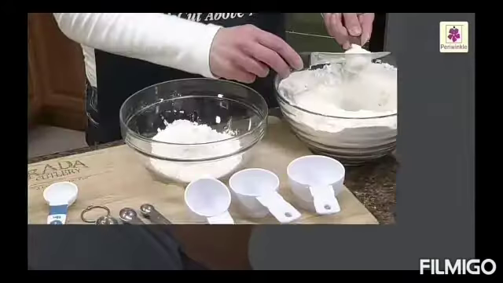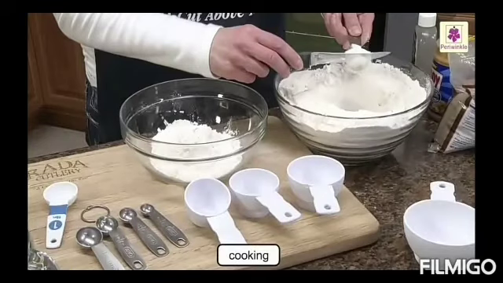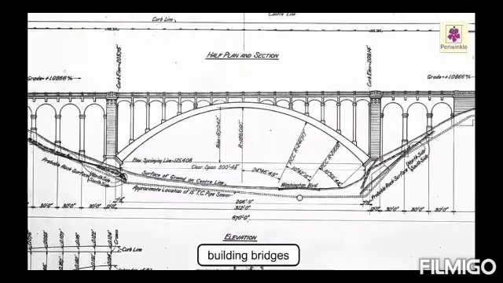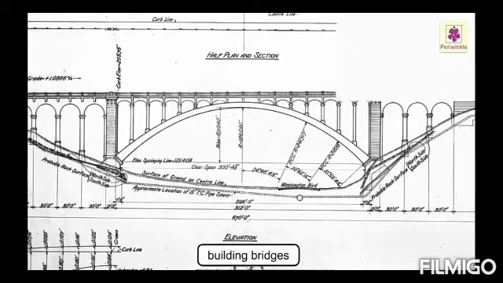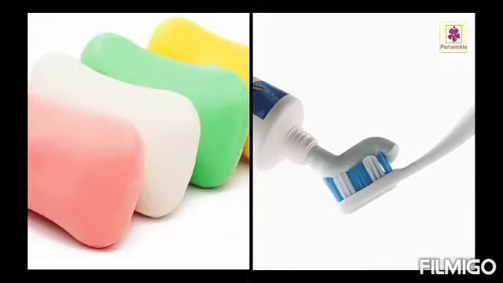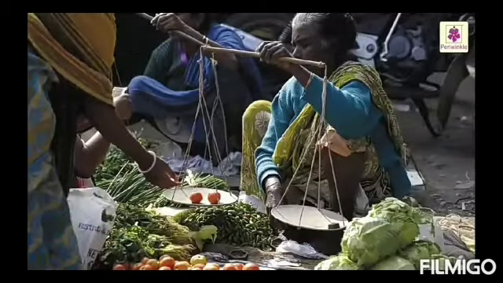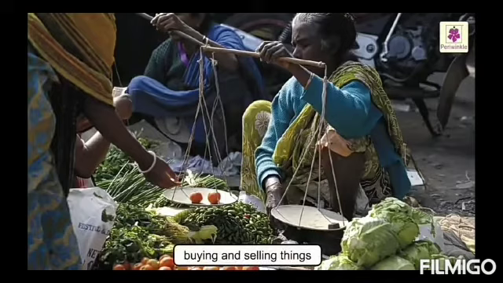Whether it's cooking or building houses and bridges, whether it is used in soap and toothpaste, or it is buying and selling things in the market, measurement is extremely important.